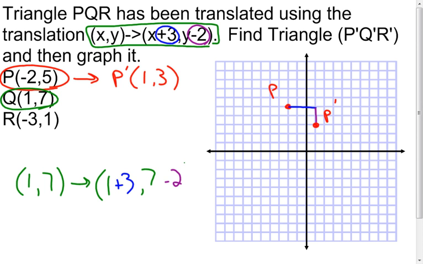And that will give me the coordinates of my new point, which will be at (4, 5).